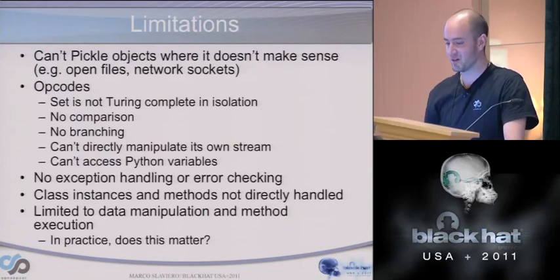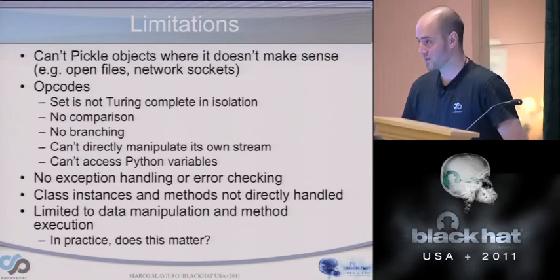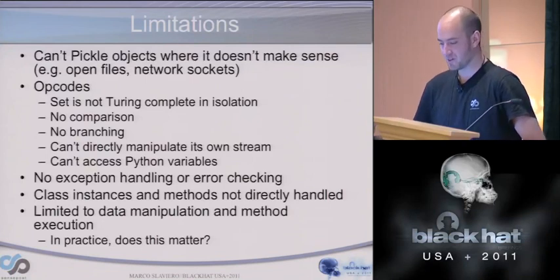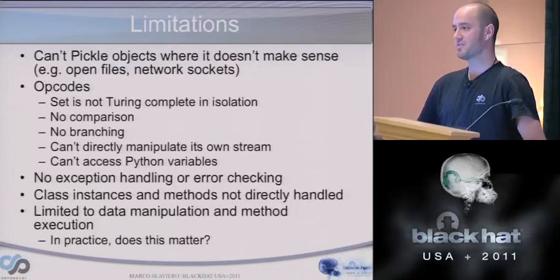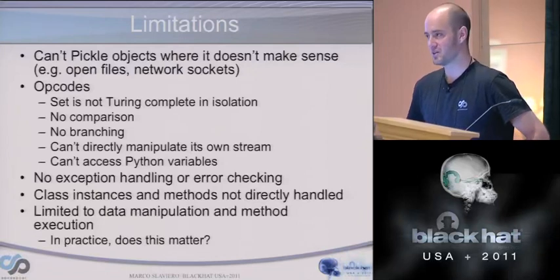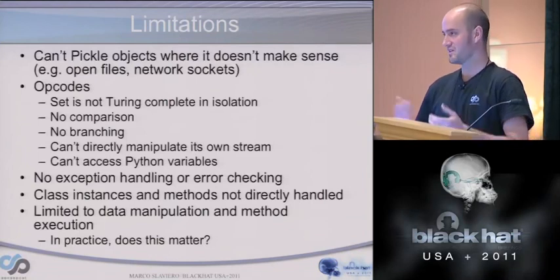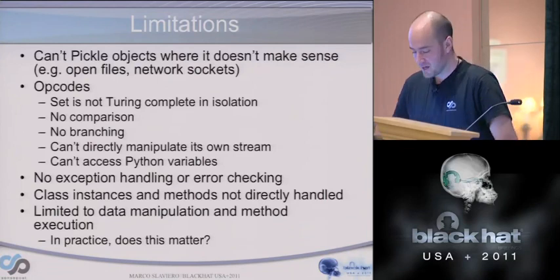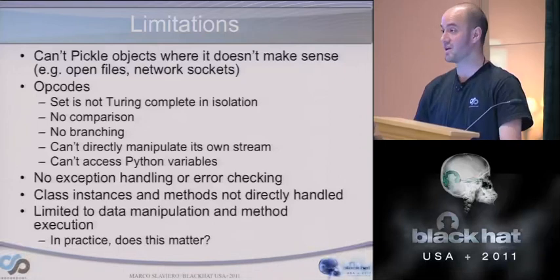And unless you're catching those exceptions in the outer Python program, you'll see broken programs. But probably the primary limitation that we see is that it's not possible using Pickle opcodes to execute instance methods. So a class instance is obviously an object that's been instantiated when a constructor has run. And it's not possible using opcodes to call methods on instances.